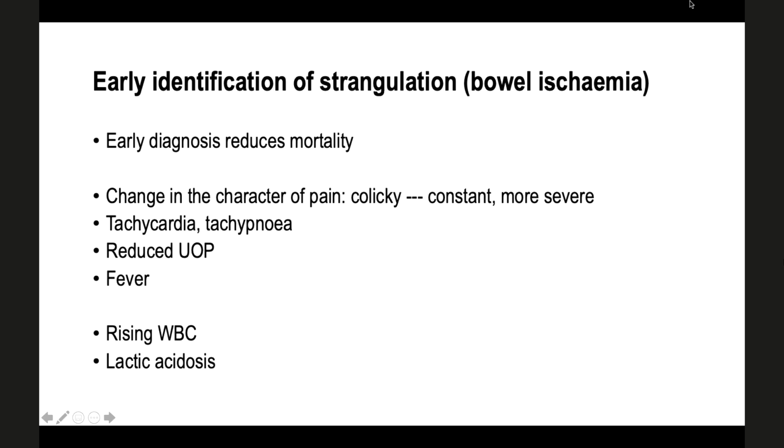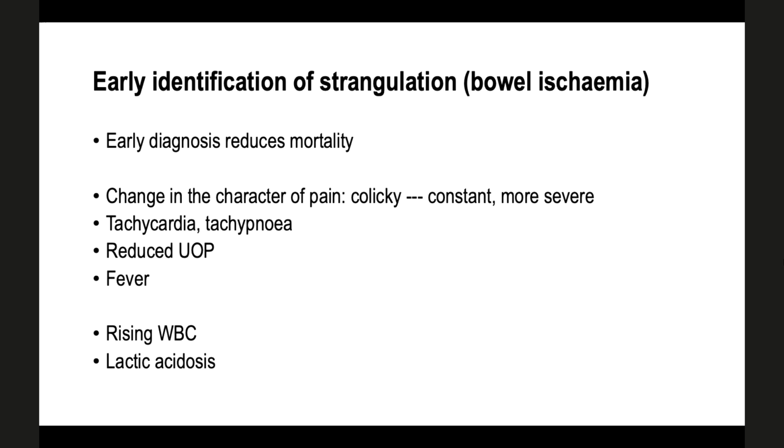This is the complication that we would like to identify early, especially. And that is called strangulation or bowel ischemia. So you would have heard this again in your surgical casualty wards in the discussions. When patients come with intestinal obstruction, we don't take them immediately and operate on them.